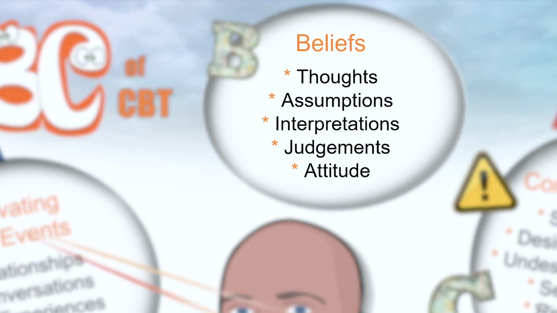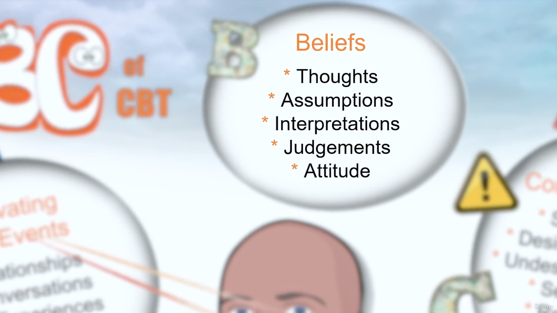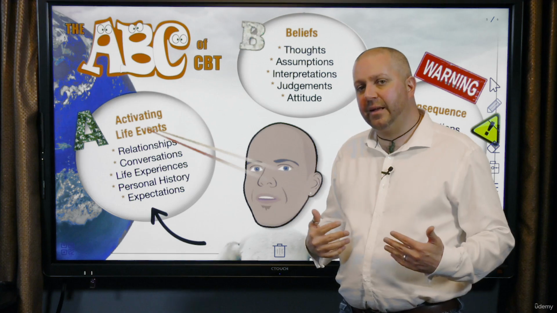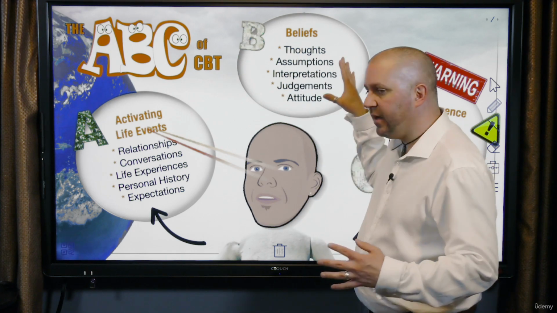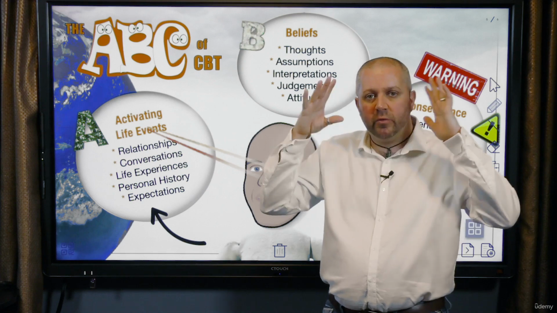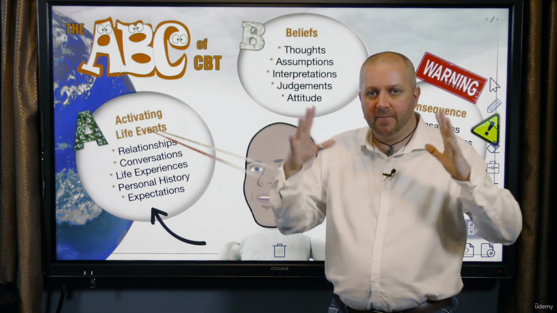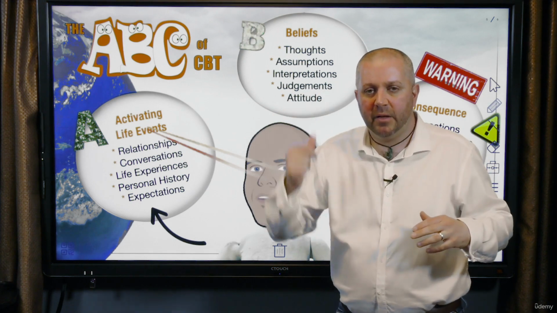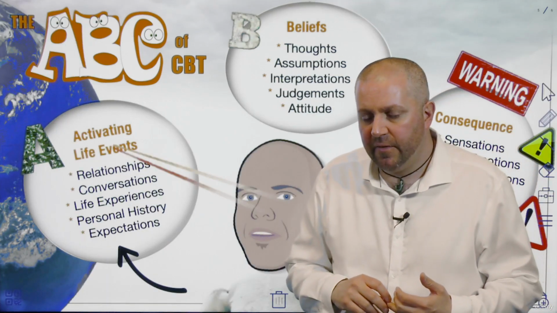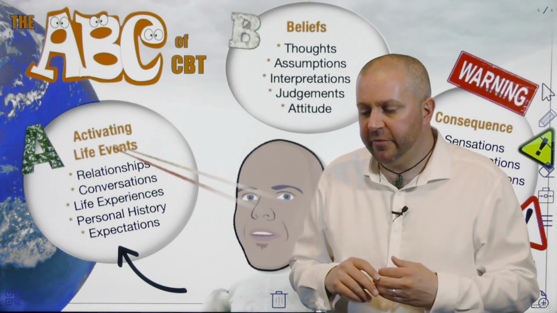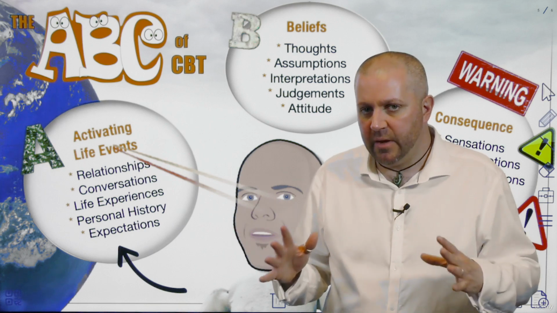We're most likely not going to be aware of how we're actually interpreting this event. We just do this automatically. It's kind of like this B part of the ABC of CBT is part of the process that we're not even aware of. It's like the invisible part. It just happens unconsciously.